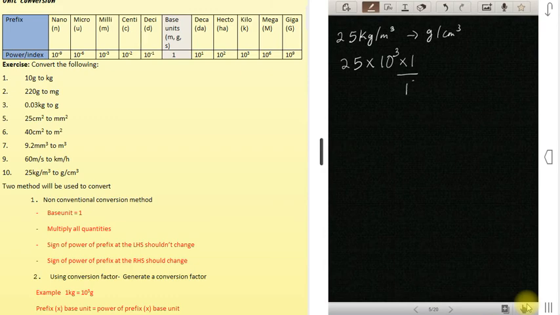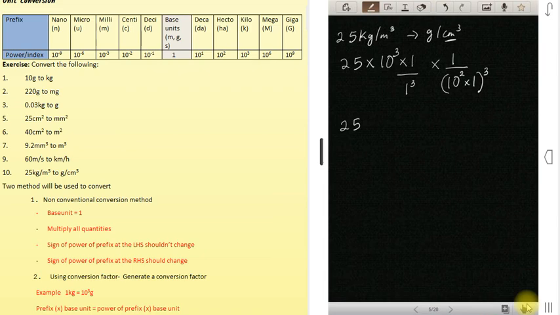Meter is of course the base, so 1 meter cube, times gram is the base, which is 1, over centi, which is 10 to the power of minus 2, but because it's on the right hand side, I'm going to put it 10 to the power of 2, okay, times base. But since this is all cube, I'm going to put all cube, okay, it's a centimeter cube.